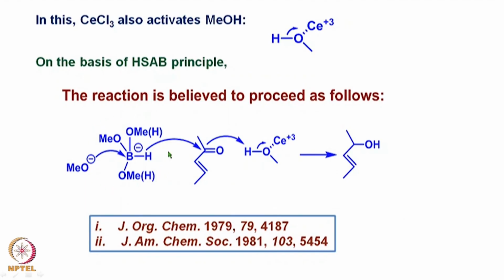This hydride is basically made up of trimethoxy borohydride, in which there could be 1 methoxy or 2 methoxy or 3 methoxys.